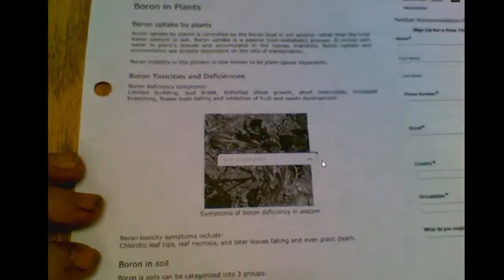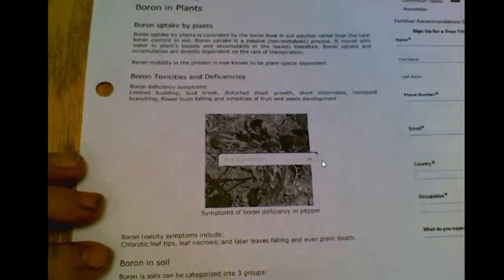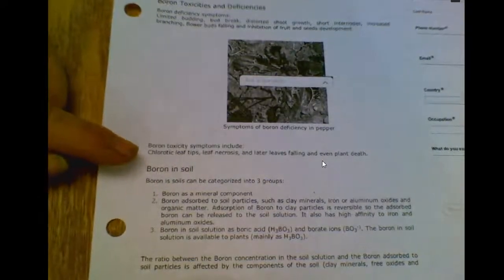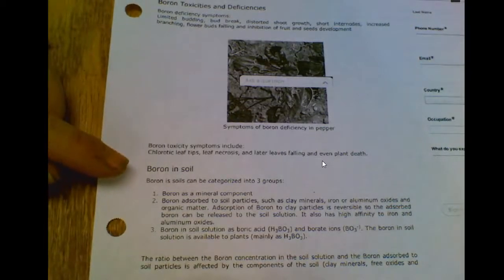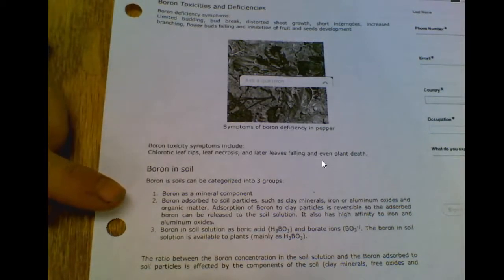Okay, also, so here you can't really see the toxicity. But if we look here, you see it has chlorotic leaf tips, leaf necrosis. The plant just looks, the leaves are falling off. So it says boron in soils can be categorized into 3 groups.